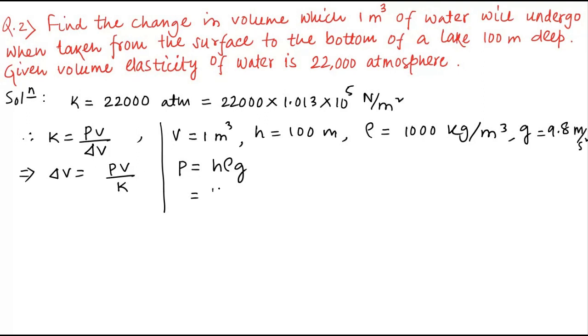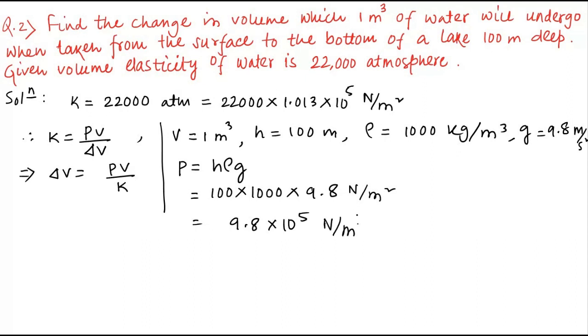So just put all the values here and calculate P first. So this is equal to 9.8 into 10 to the power 5 Newton per meter square.